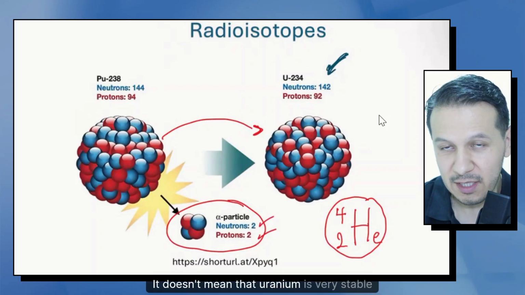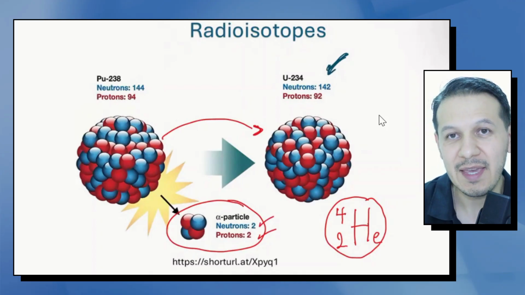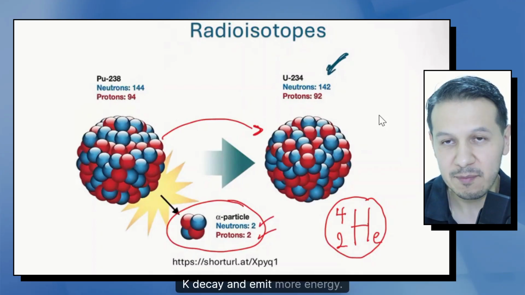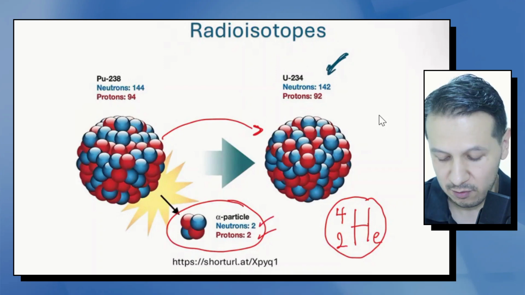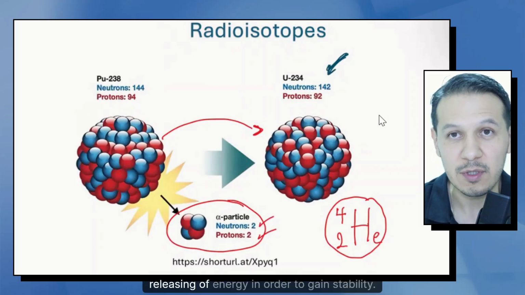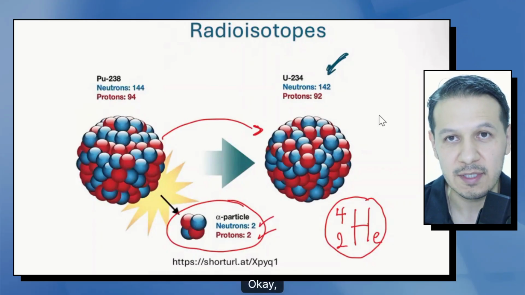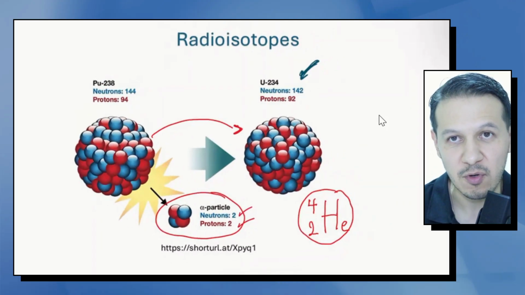It doesn't mean that uranium is very stable, because uranium will again decay and emit more energy, could be in the way of alpha particles, or a different release of energy in order to gain stability. Okay, so in summary, this is what a radioisotope is.